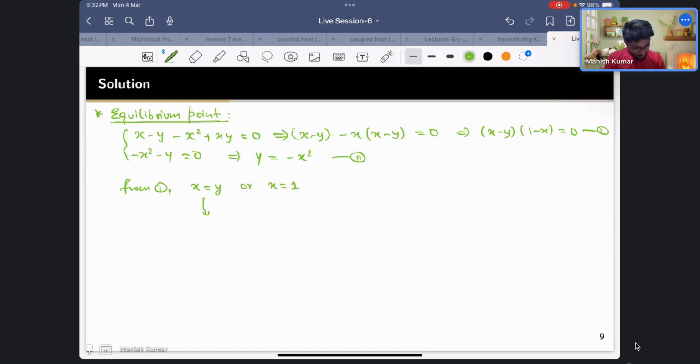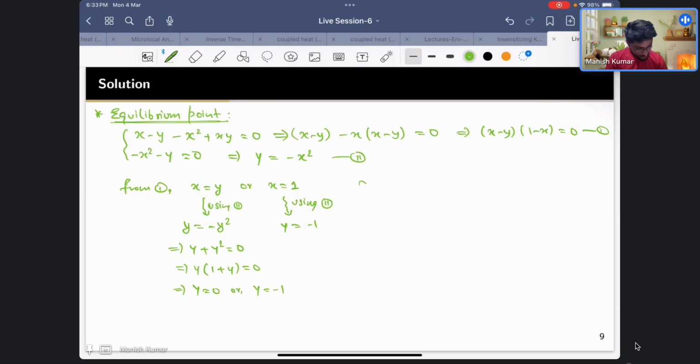From 2, using x equals y, y equals minus y square, and y plus y square equals 0, that would mean y(1 plus y) equal to 0. This means y is 0 or y equals minus 1.